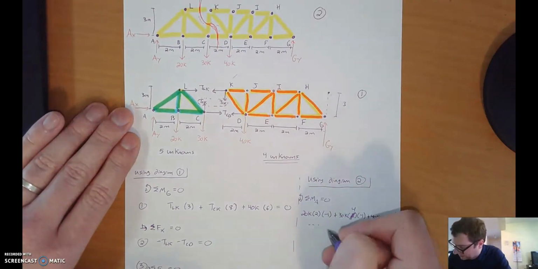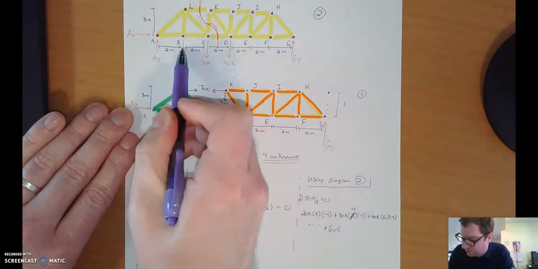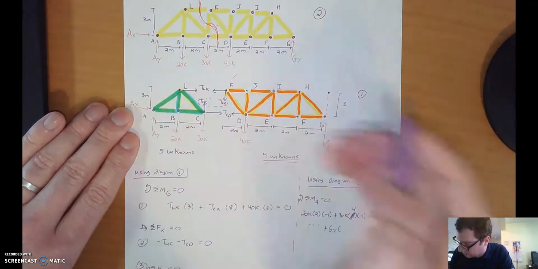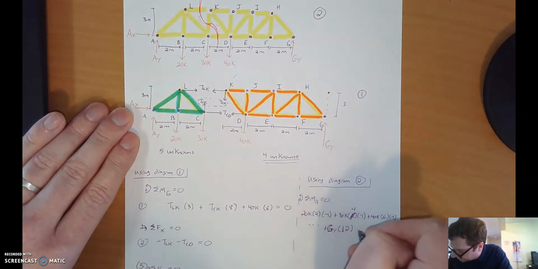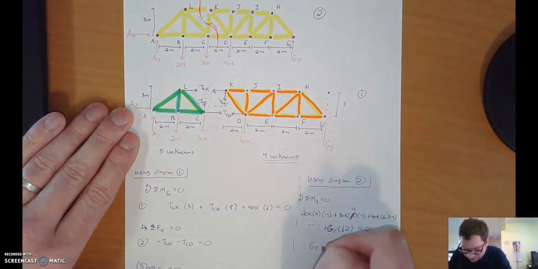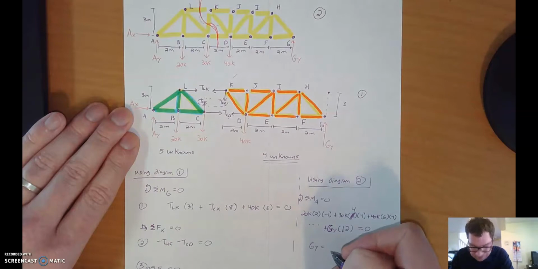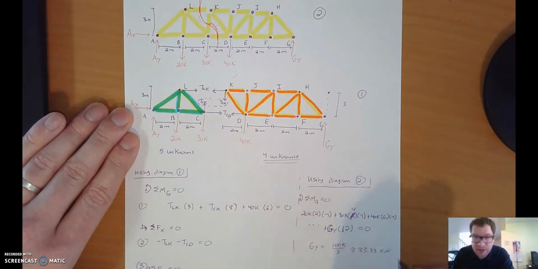And so then we're going to get plus GY times 2, 4, 6, 8, 10, 12 away. And that's all equal to 0. So you solve this for GY. You'll find out that GY is 100K over 3, or approximately 33.33 kilonewtons.